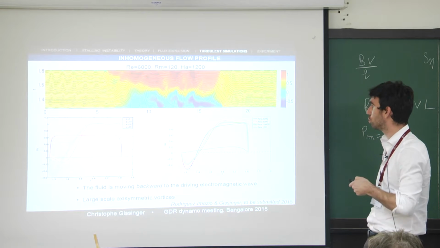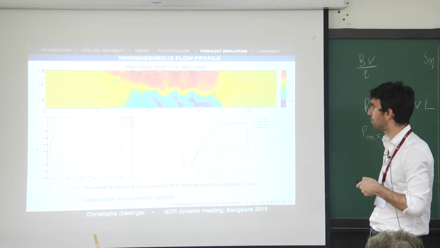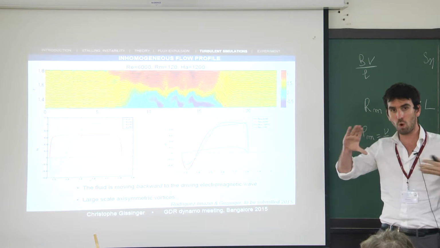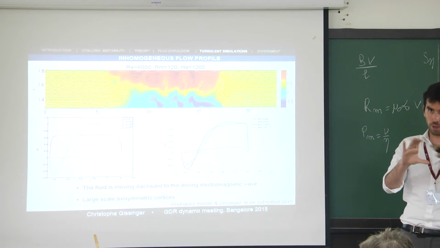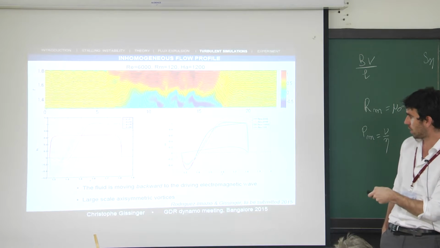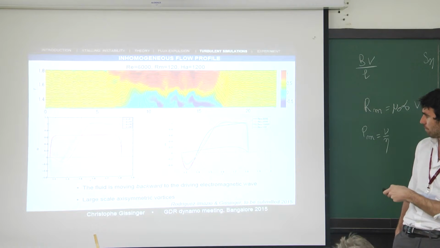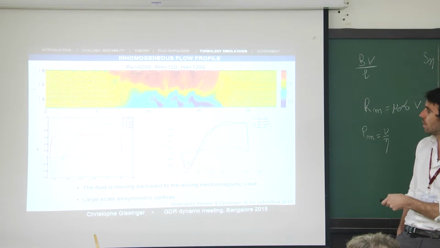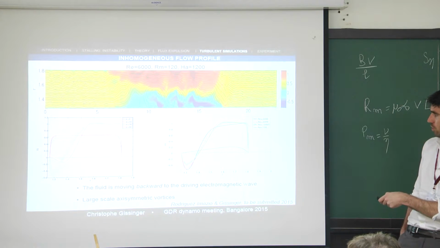Whereas close to the inner cylinder, you have now a strongly negative velocity field. So the flow here is pumped backward to the driving wave. It's quite clear here on the profile. You have this synchronism region and then here this negative region. Very different from what we obtain in the stalled regime for the laminar simulation.